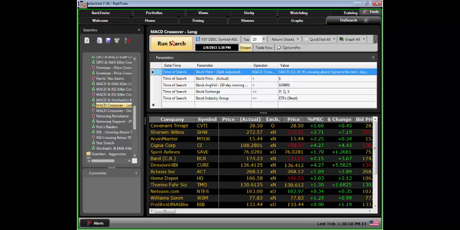You get an additional advantage by using VectorVest because there's probably a ton of stocks in the universe of all stocks that had a MACD crossover. What you're going to get here is not only the stocks that had a MACD crossover, but the ones up here at the top. See this right here? Look at the screen. It says VST.